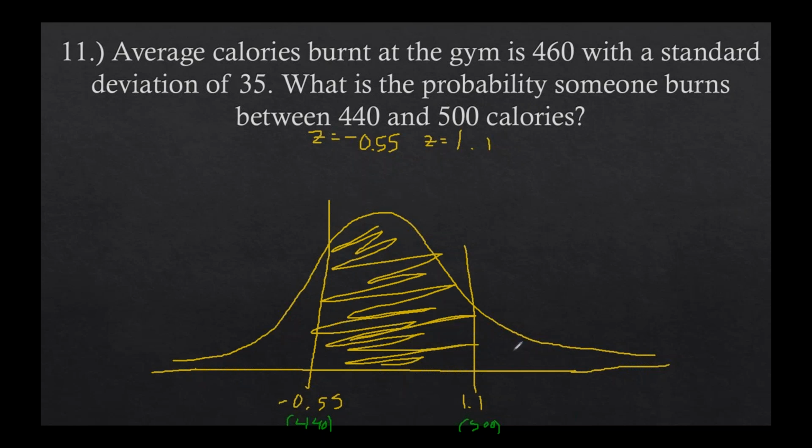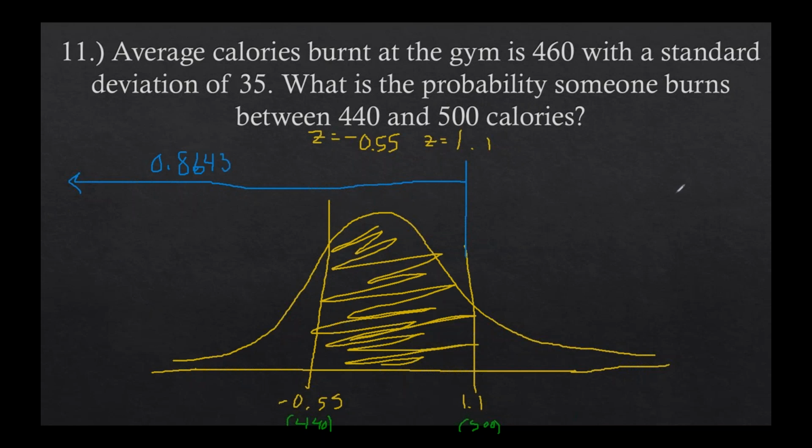No. Okay. So if I'm going to start with 1.1, if I go to the table, 1.1 is going to give me all of this, the area to the left. If you find 1.1 on your table, what is the area to the left of 1.1? 0.8643.